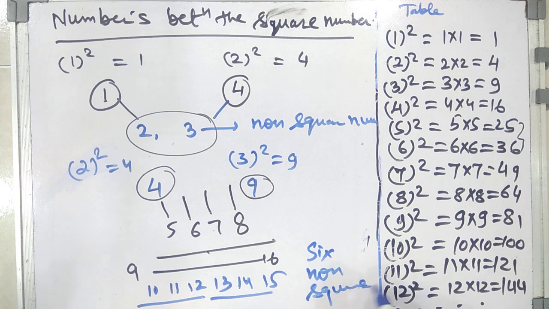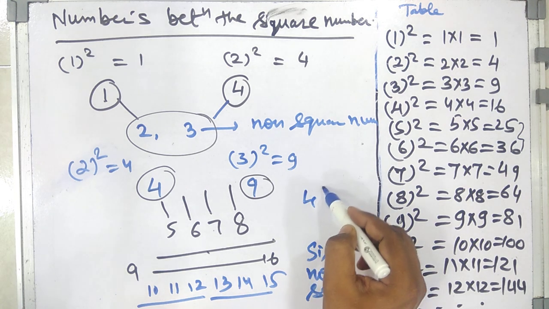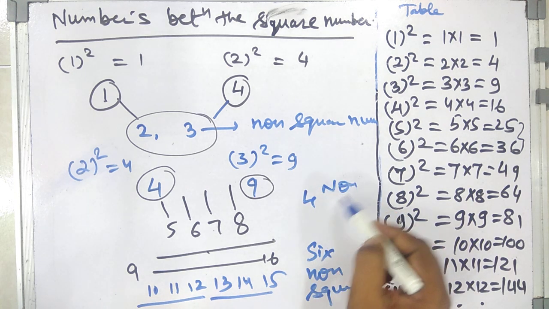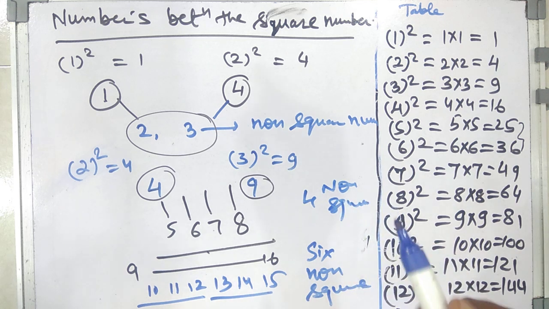So students, it can be said that there are 2n non-perfect square numbers between the square of number n and n plus 1.